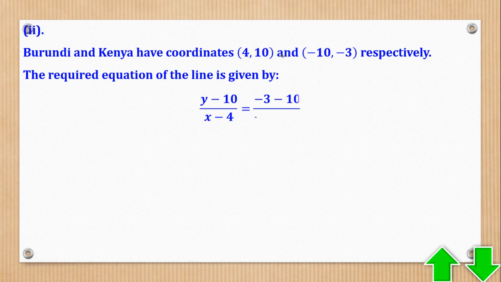So using those 2, we shall equate the gradients. So we choose a variable point x, y, and use this with this to give you this gradient, then this with this to give you this gradient. Then you equate the 2.